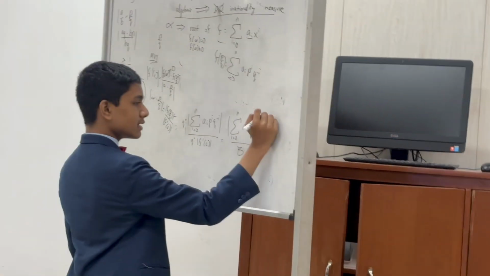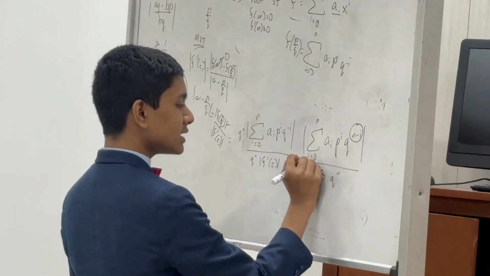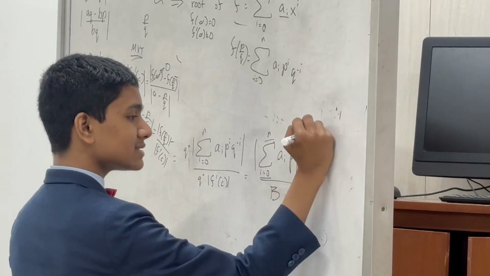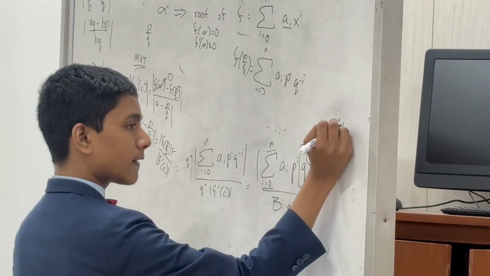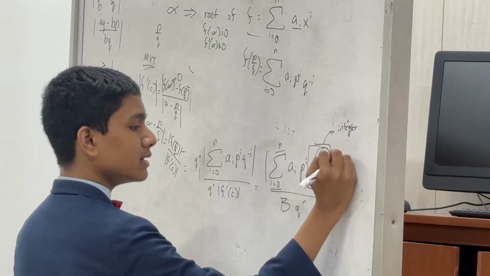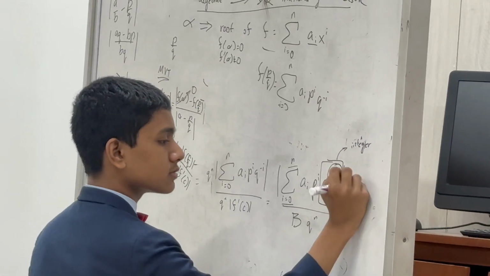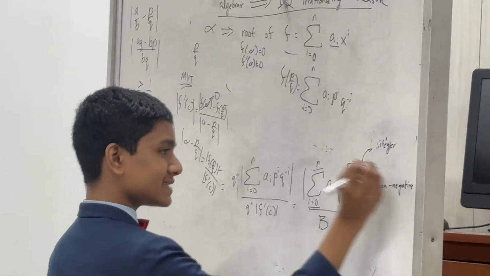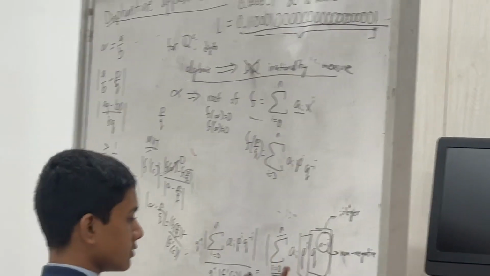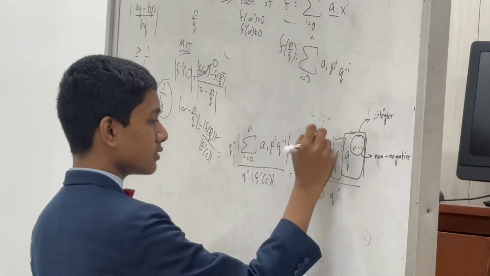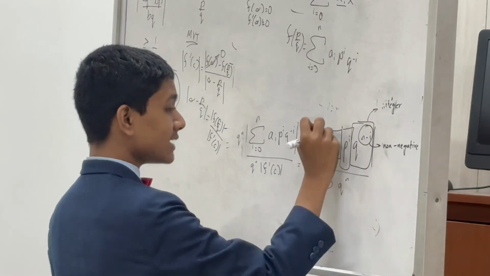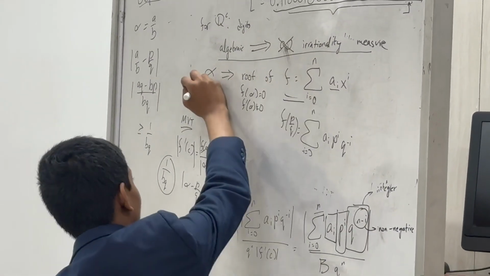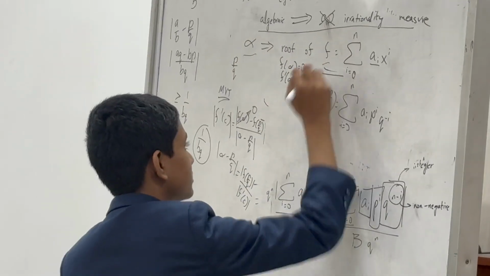But of course, q to the n minus i, because this sum runs from i equals 0 to n, this has to be an integer, since this power will always be non-negative. And of course, that is an integer. This is an integer, because it's an integer raised to an integer power. And this is an integer by the assumption of the problem that alpha is algebraic, and it's a root of f.